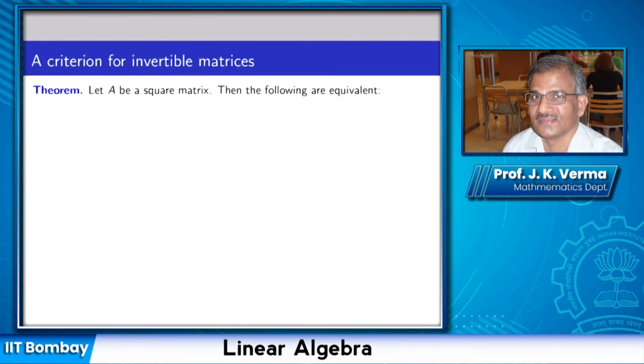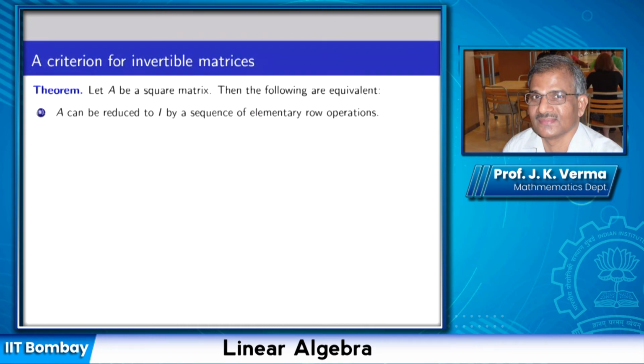Okay. Now let's prove a very interesting characterization of the building blocks of invertible matrices. So let A be a square matrix. Then the following are equivalent. First, A can be reduced to the identity matrix by a sequence of elementary row operations. This fact says that the row canonical form of A is the identity matrix.